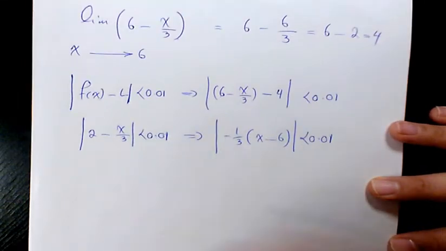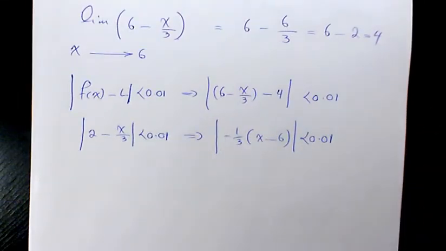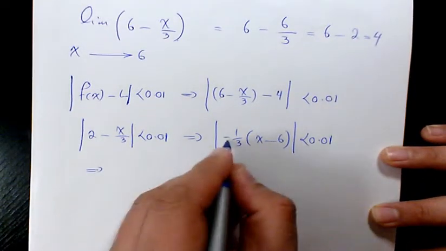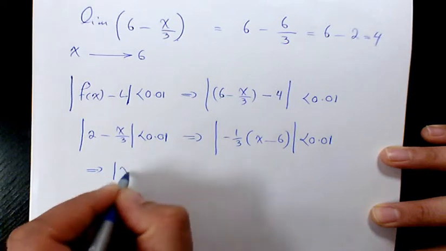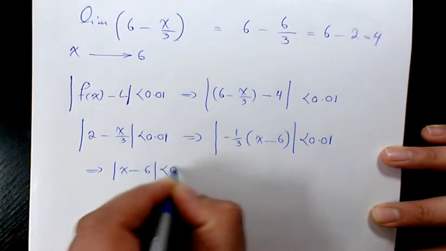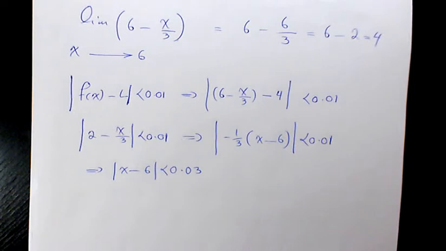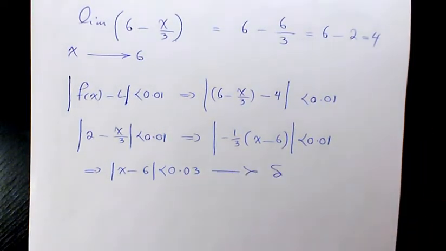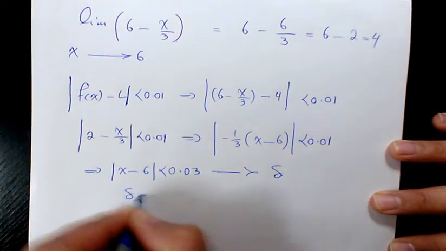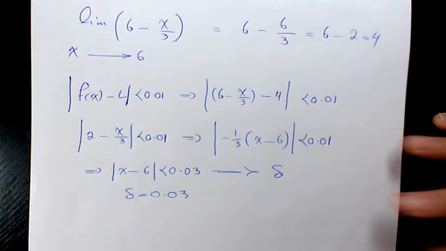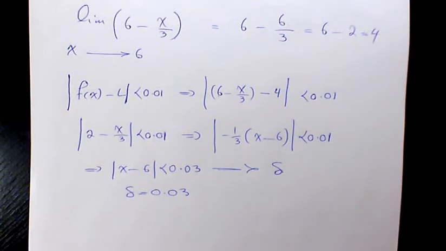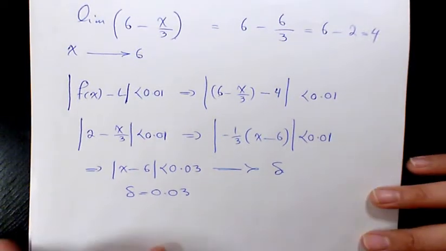And then we can multiply it by 3, and the negative is going to become positive, so x minus 6 is going to be less than 0.03. So in this case, delta is 0.03, so the distance has to be less than 0.03 in order to have the limit. Let's see the next example.